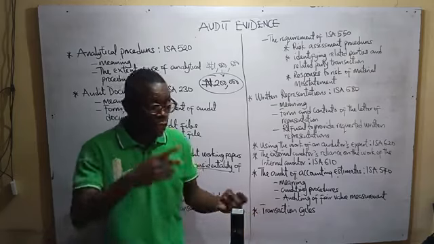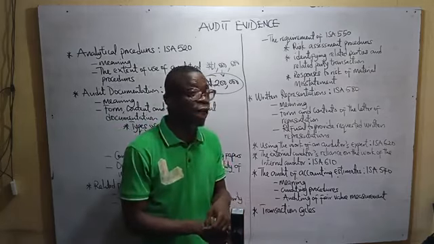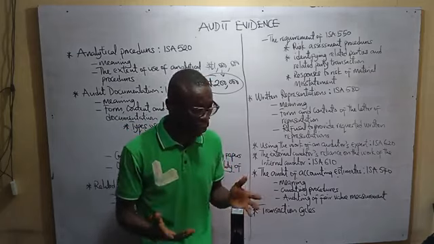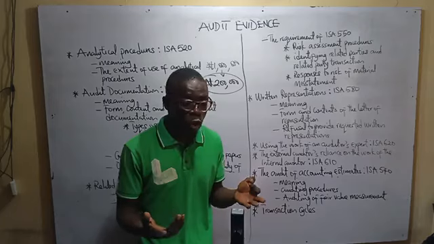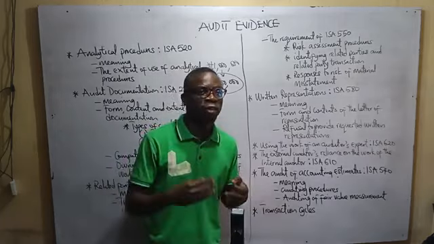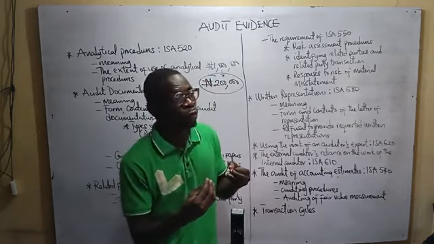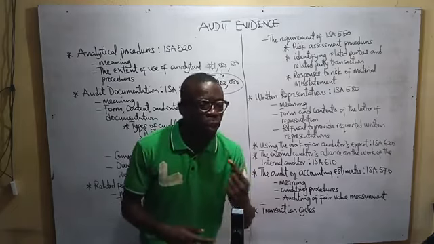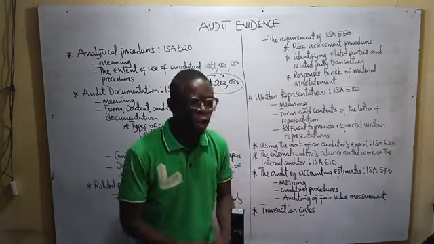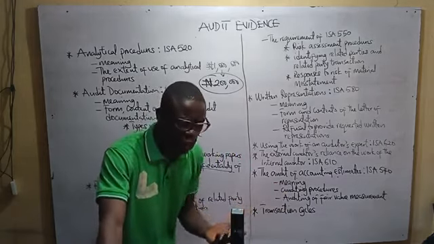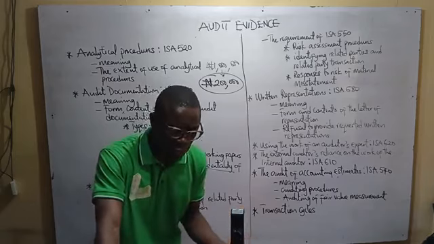Because if there is a degree of independence and objectivity, and the internal auditor has the technical competence and due care, but there is no effective communication between them, will it not affect the work of the external auditor? It will affect the work of the external auditor.